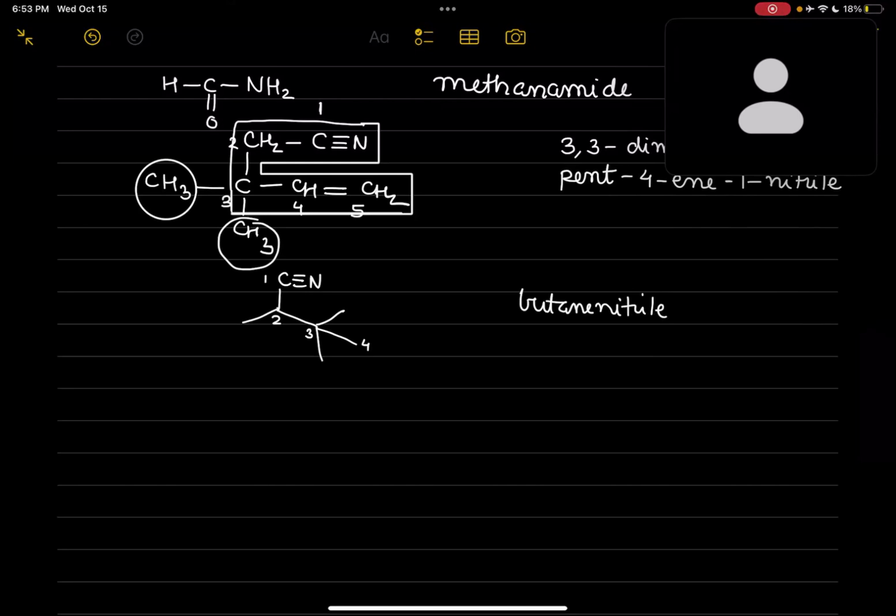Butane nitrile. Now we have substituents on the second and third position, and they are all the same, so I will put their numbers together.